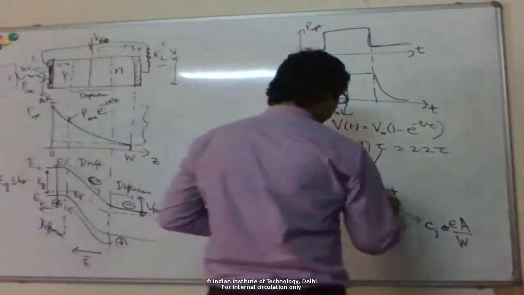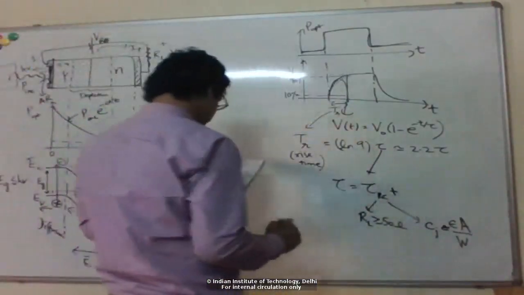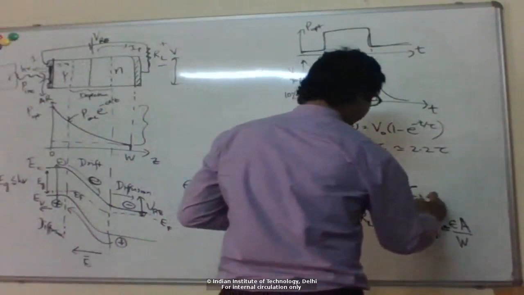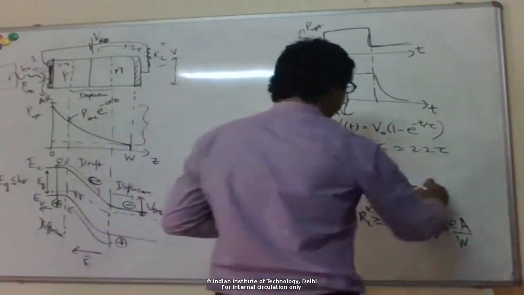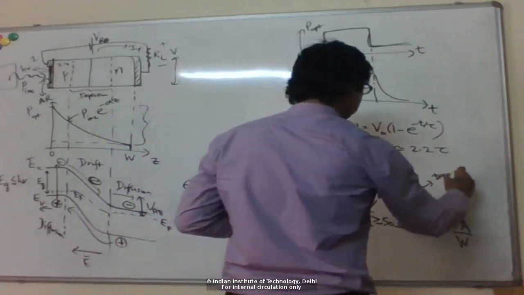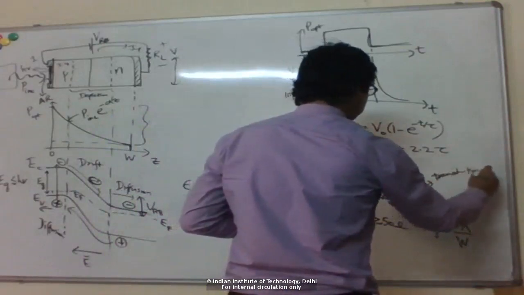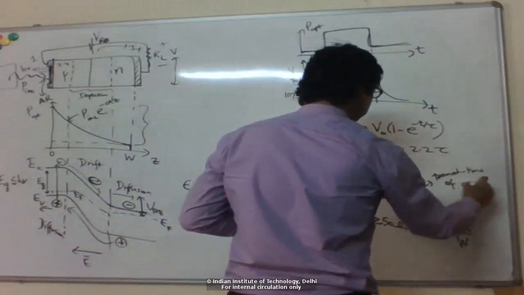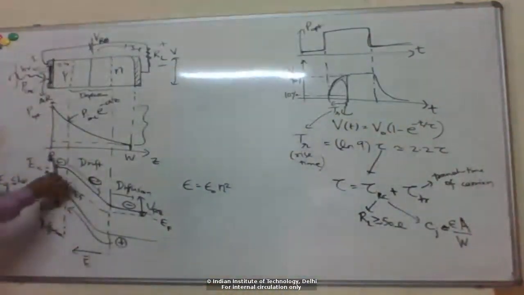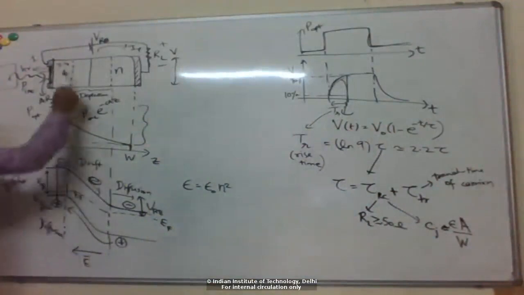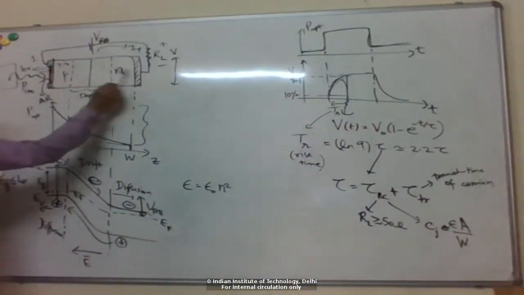Okay, but there's also another contribution, which is from the transit time of the carriers. This is what we had talked about, right? You generate some carriers here, and there's the time it takes for them to come to the electrodes.